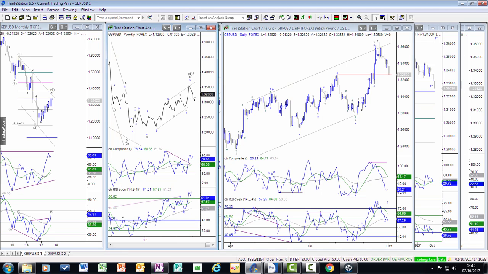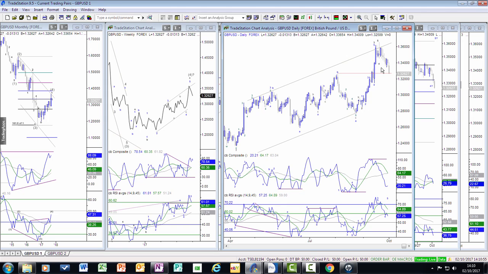Now whether that decline is the start of what would be labelled as intermediate wave 5 remains to be seen. That is not at this moment in time 100% clear. So this could be labelled possibly as a 1, 2, 3, 4 and 5 to the downside. That could also be a C wave of a 4th wave.